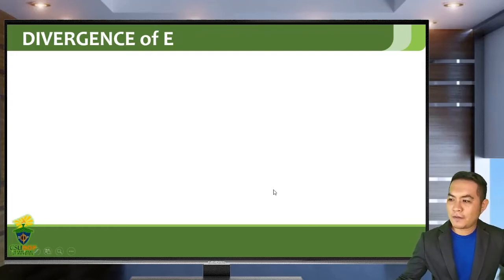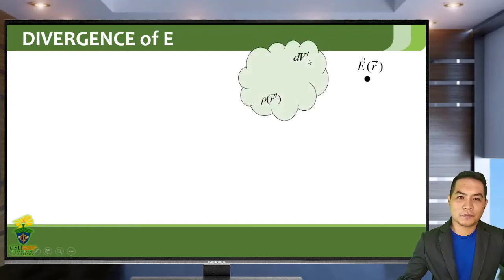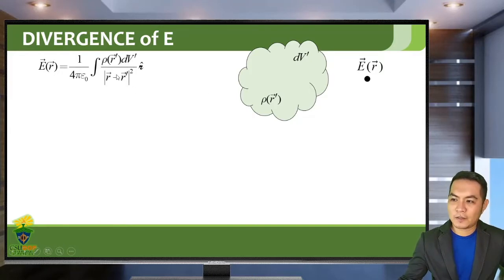So if we have an electrostatic field, which may be due to a charge distribution, rho, as a function of r prime, the source points within a volume dv prime, and we are asked to find the electric field at a point P, a distance r from our charge distribution, then the electrostatic field, since this is a continuous charge distribution, is given as this.